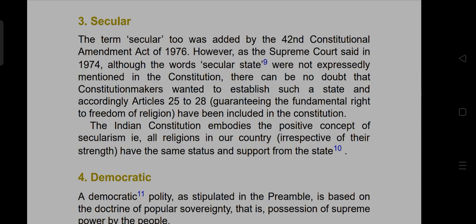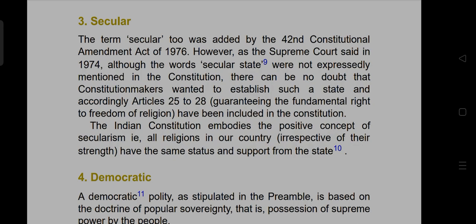Third, secular. The term secular too was added by the 42nd Constitutional Amendment Act of 1976. However, as the Supreme Court said in 1974, although the words secular state were not expressly mentioned in the Constitution, there can be no doubt that the Constitution makers wanted to establish such a state, and accordingly Articles 25 to 28, which guarantee the fundamental rights to freedom of religion, have been included in the Constitution.